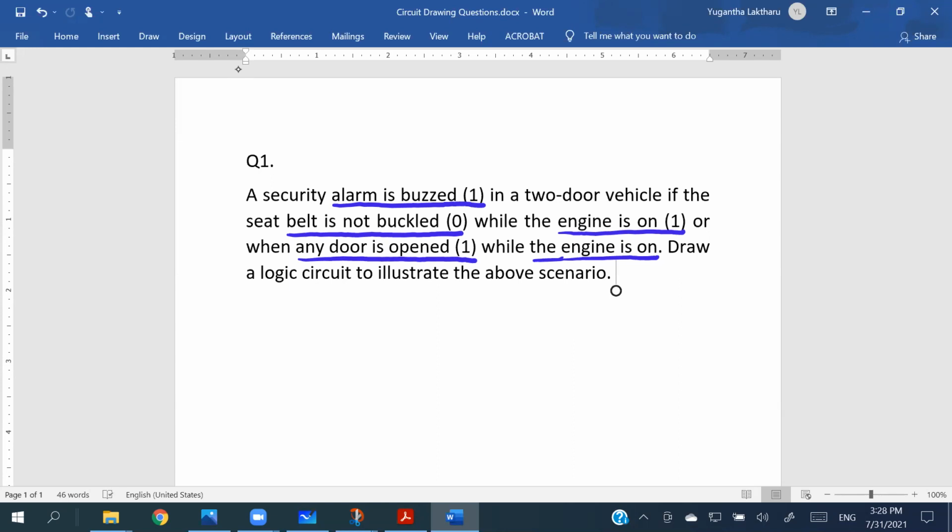right? So I can summarize this as we summarized earlier, right?